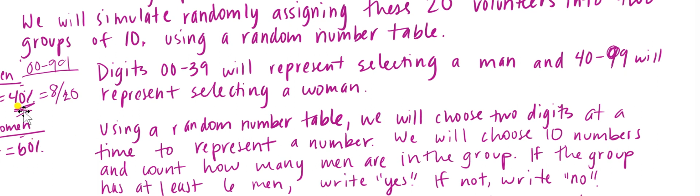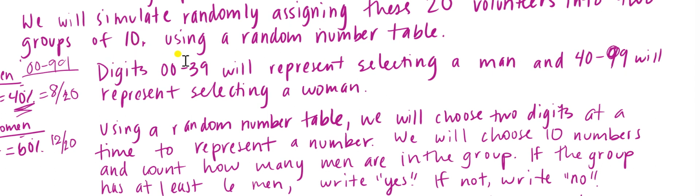So I'm going to let numbers 0 through 39 represent selecting a man, because there are 40 of those numbers, and 40% of my sample should be men. Then 40 through 99 will represent selecting a woman, and for the same reason, 60% comes from 12 out of 20 of my sample being women. So these 60 numbers, 40 through 99, will represent selecting a woman.